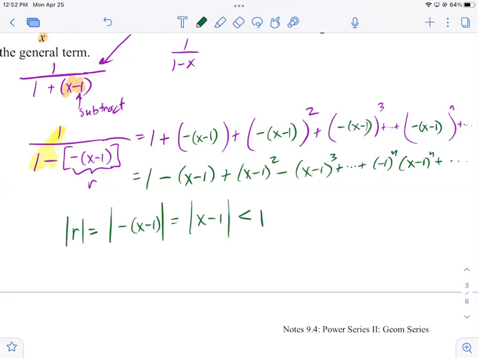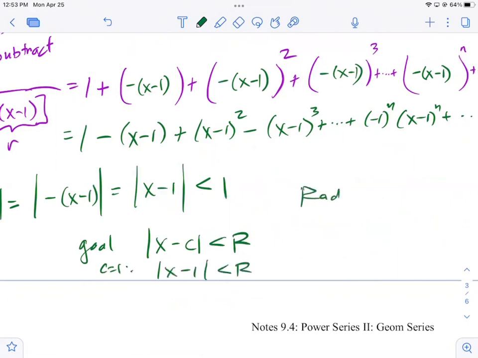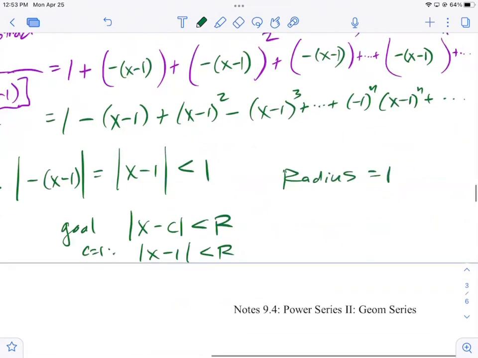Okay, so what would the radius of convergence be? Remember, because the center's at 1 now, x minus c is less than r when the center is at 1. Radius is still 1. Yes, good. The radius is still 1. Radius equals 1. Our interval of convergence is 0 to 2.